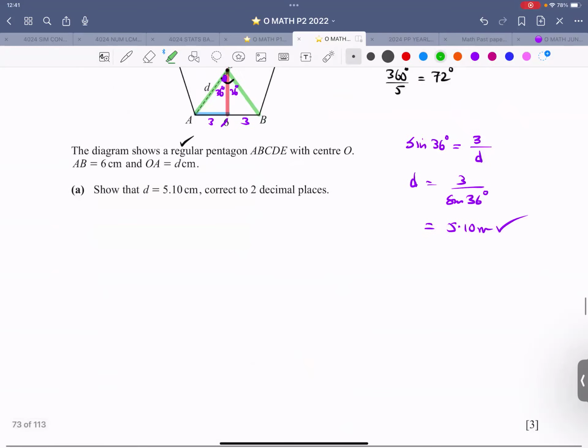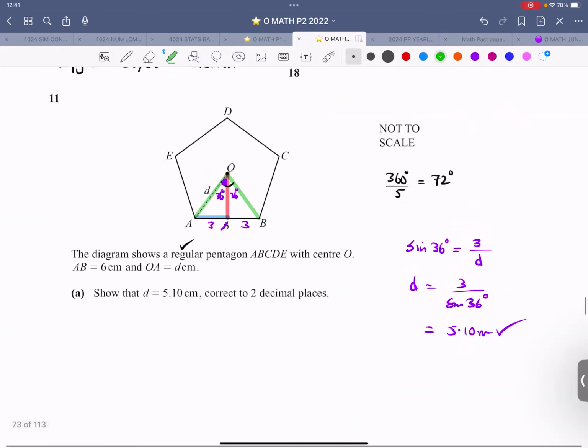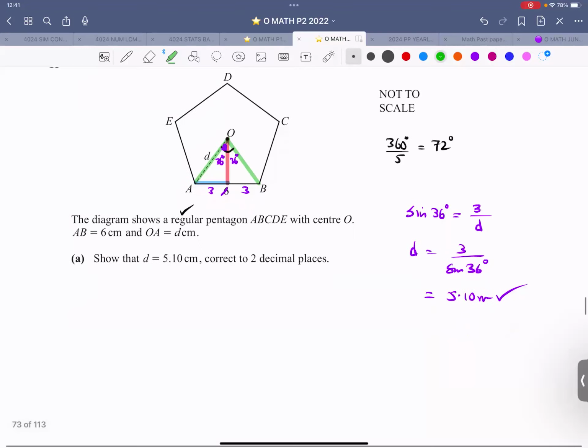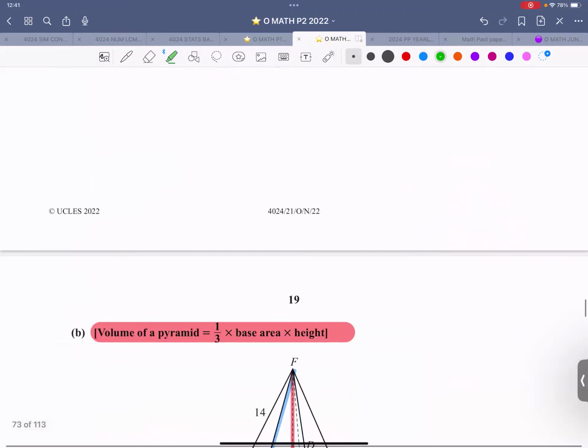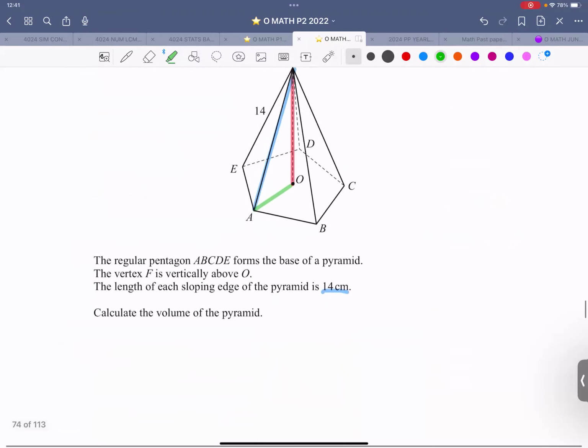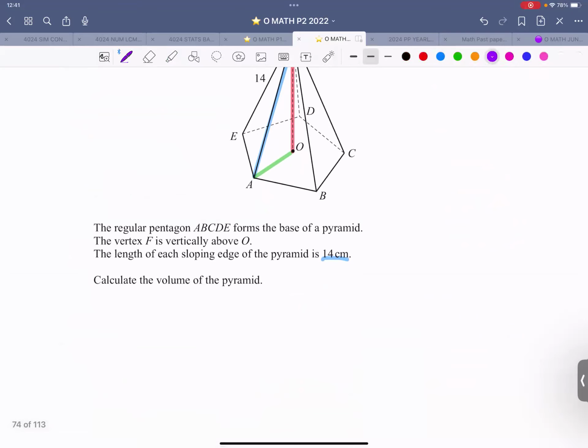OA, I think we just calculated, right? We did not calculate, but we can. So let's work it out. No, OA is D, 5.10. So first of all, we know that OA is 5.10. Use three significant figures.